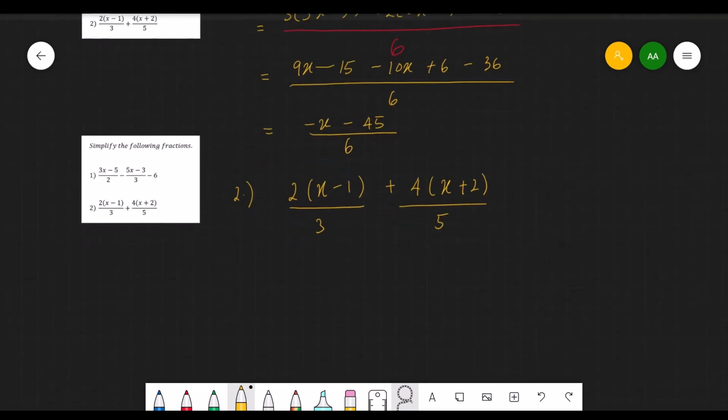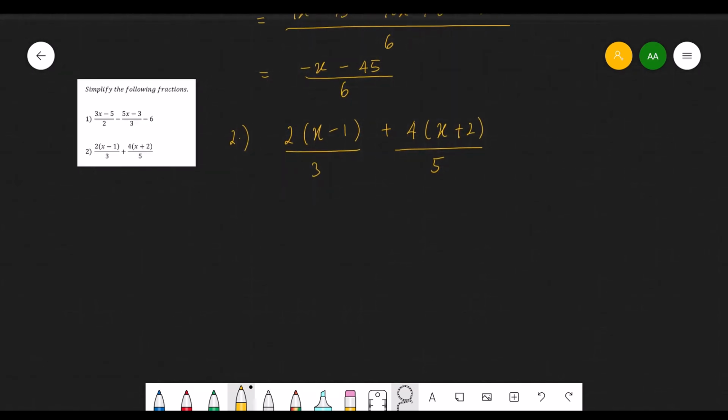Between 3 and 5, their LCM is 15, right? So we have to make it 15 here. We must multiply by 5 on the first part, so we put 5 followed by the original 2 and the original (x minus 1), plus the second one we need to multiply by 3, and then this is 4 and (x plus 2), which are the original expression.